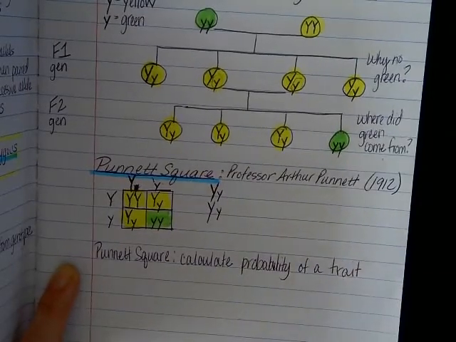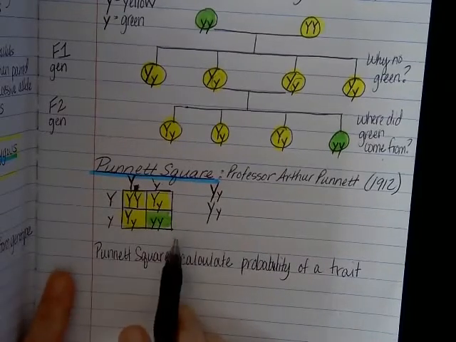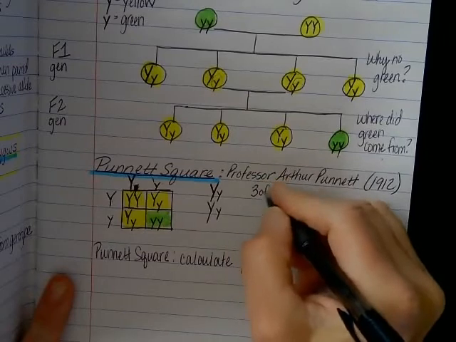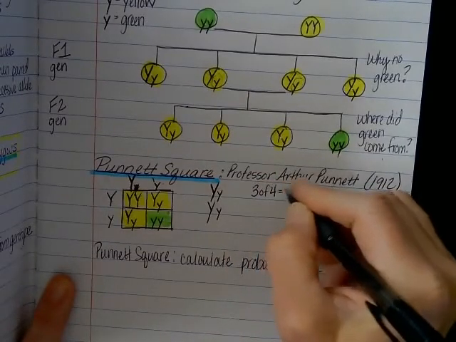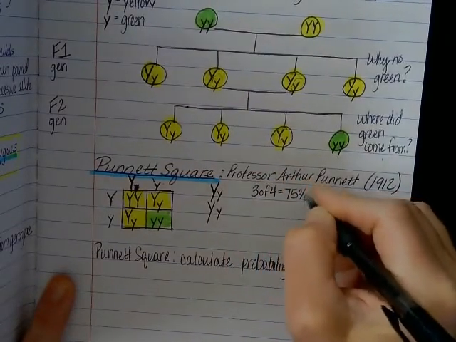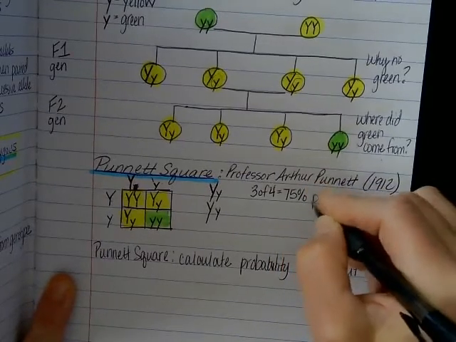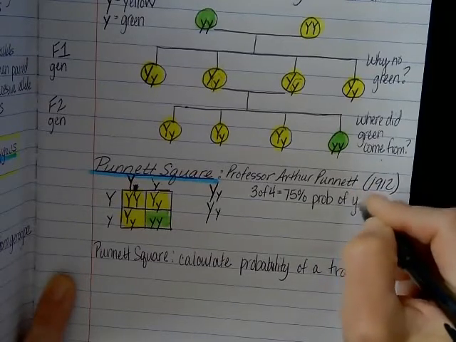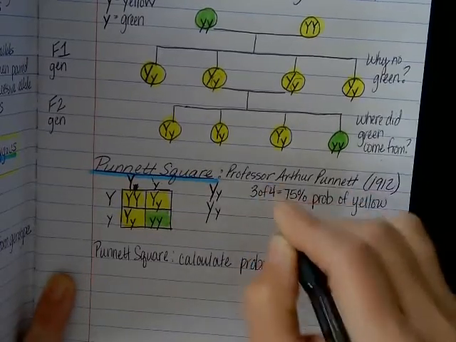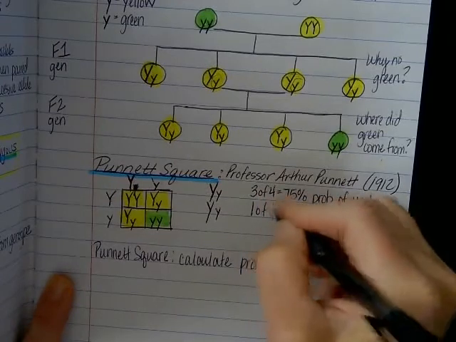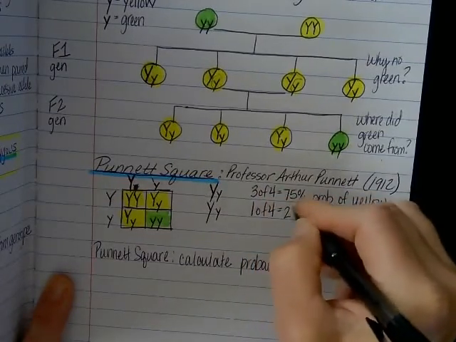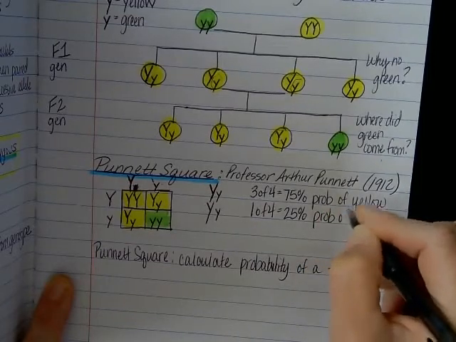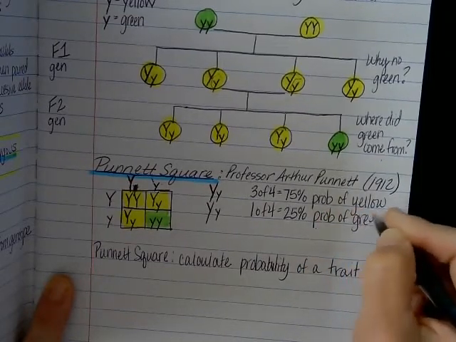So we could see that with this combination, 2 heterozygous, we have 3 of the 4, which is 75% probability of getting a yellow pea, and only 1 of the 4, which is 25% probability of getting a green pea.